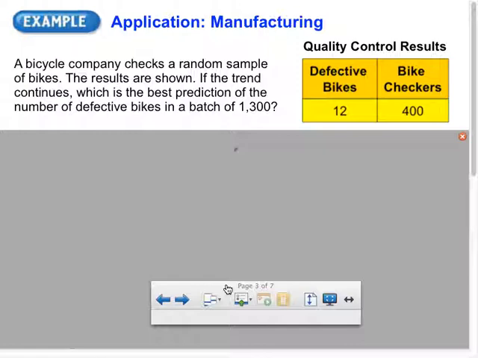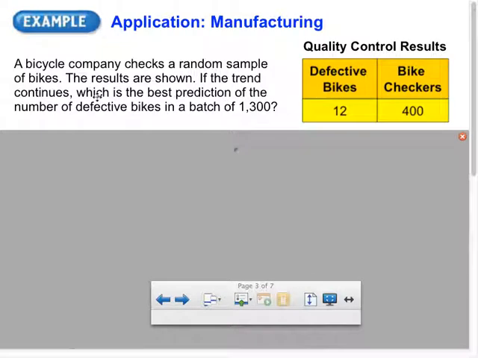Savannah, could you sit up here, please? Thank you. Sometimes they'll do a recall right here. So here we have a bike company. A bicycle company checks a random sample of bikes. The results are shown here.